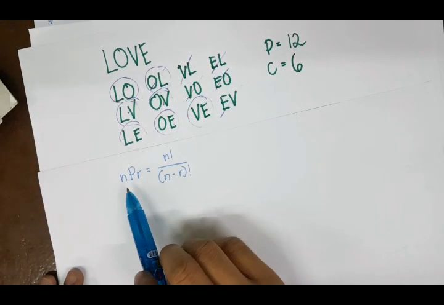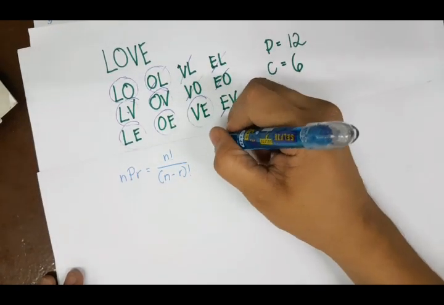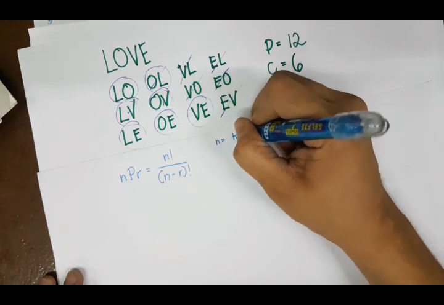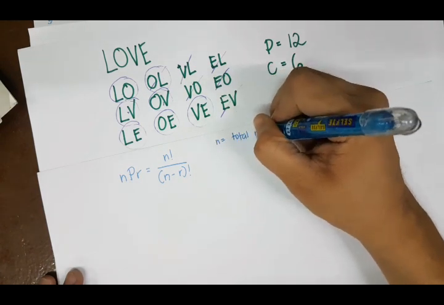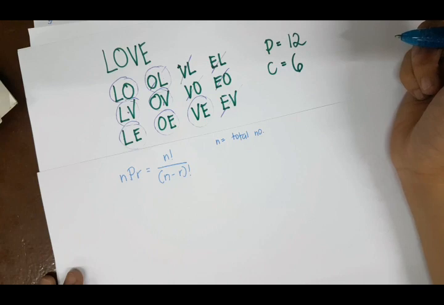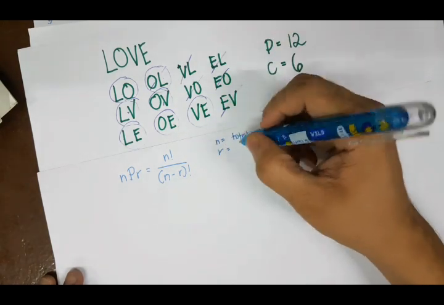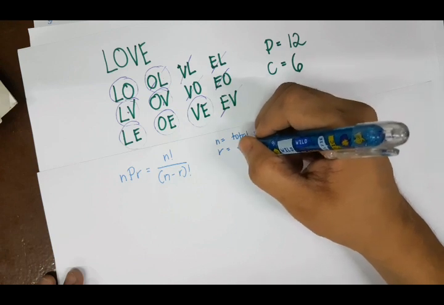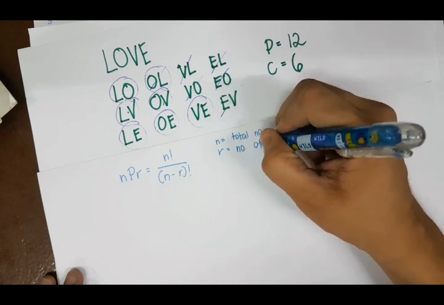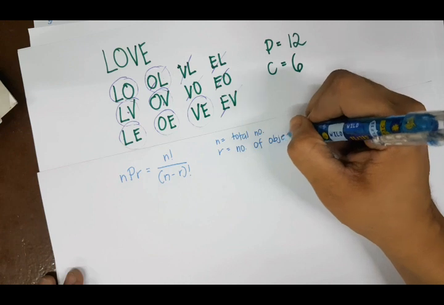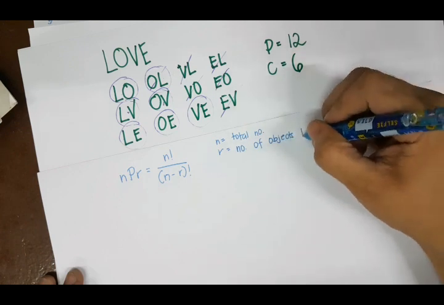Where n is the total number of objects, and r is the number of objects to be taken at a time.